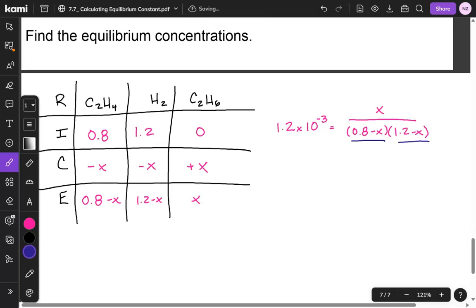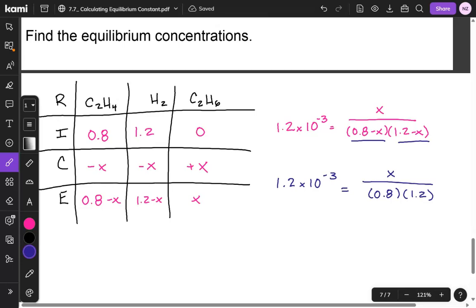If we make that same assumption that x is a very, very small value in the denominator, it's going to be insignificant. So we can rewrite this now. We only do that for the denominator. That's what we get. Okay?